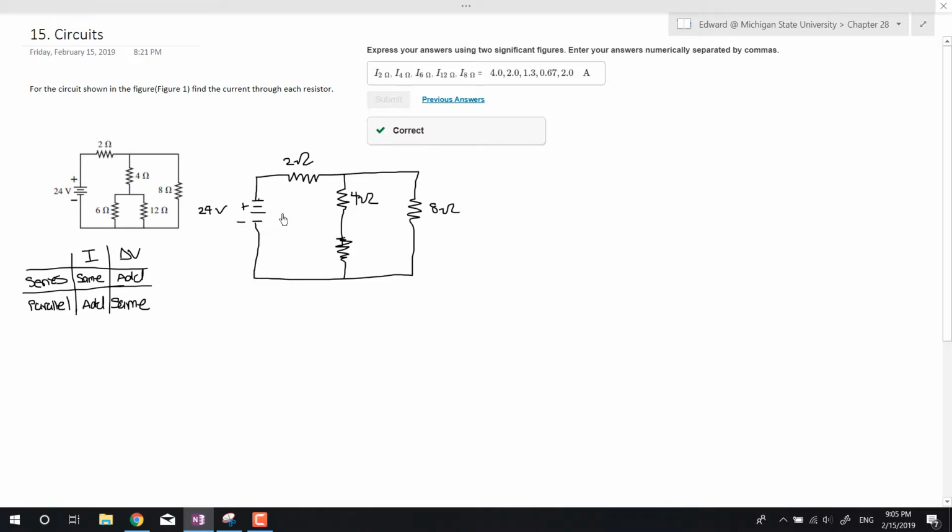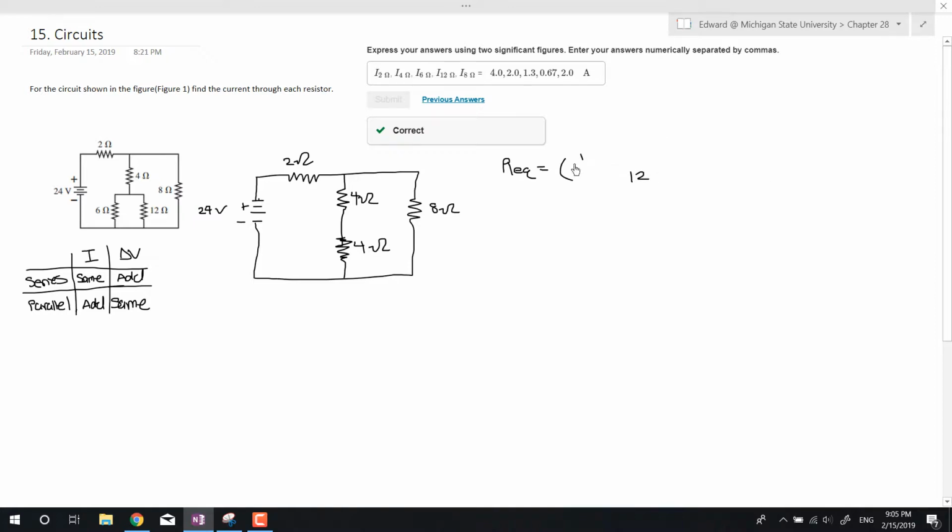Well, these two are in parallel, so you have to use the equation where the equivalent resistance is the inverse of the sum of 1 over each resistor. So it'll be 1 over 6 plus 1 over 12, and then you take the inverse of that. I'll type this in the calculator real quick. You're going to get 4, so the equivalent resistance is 4 ohms.